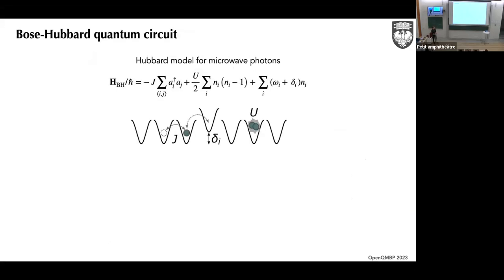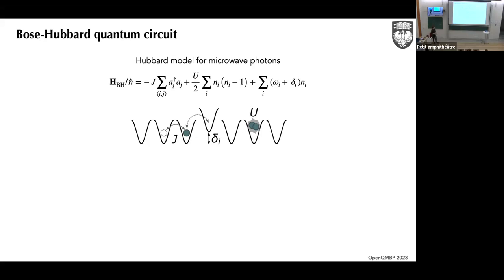Okay, so the material we're trying to make is actually quite simple, for the experts. This is a Bose-Hubbard model. The elementary particles in the system are going to be the microwave plasmon excitations in our circuits. We want to engineer an artificial lattice where these photons can tunnel between different lattice sites, and we want to engineer interactions, where there's an energy cost due to having two photons repel or attract each other.